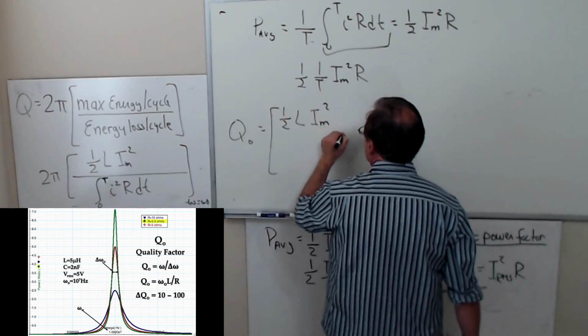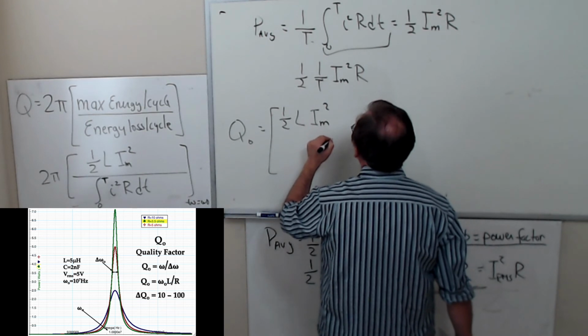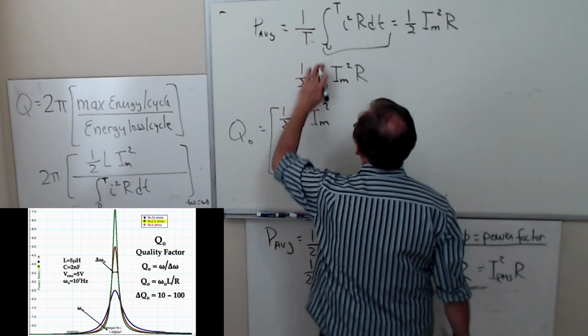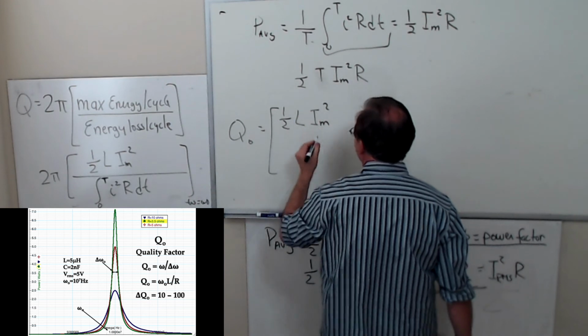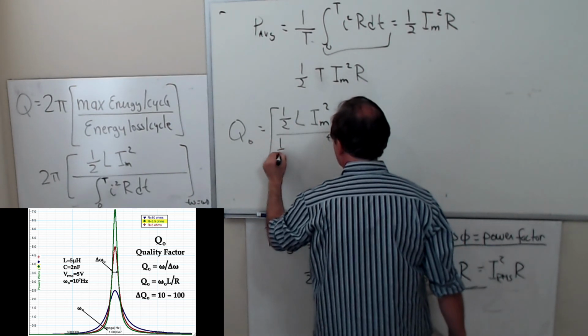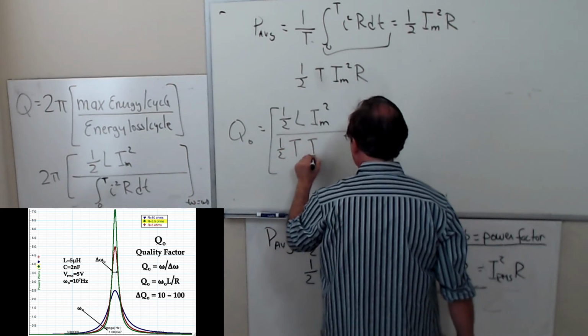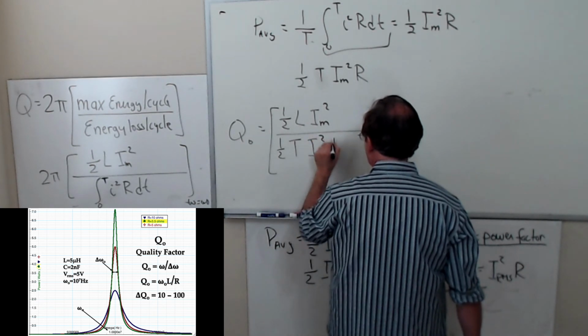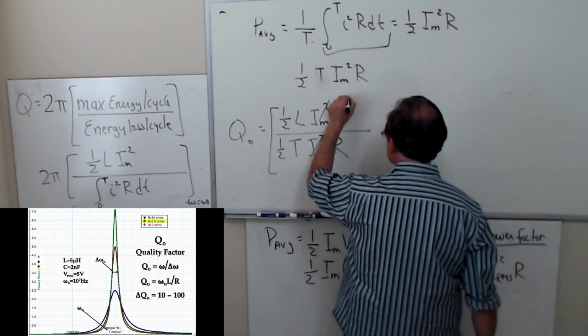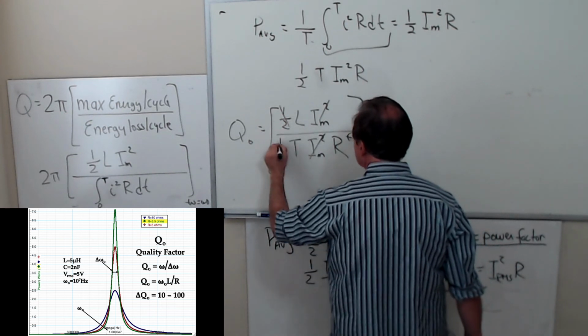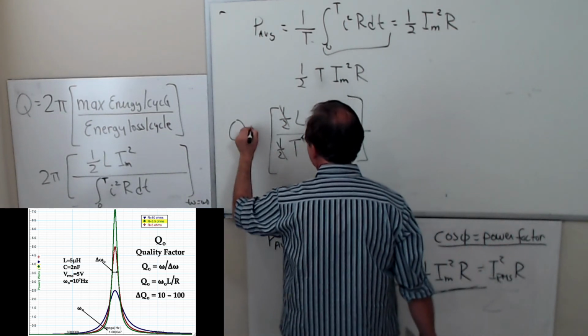Should we multiply the T? Yes, sorry. Thank you. The I sub m's cancel. The 1/2s cancel. I forgot my 2 pi here.